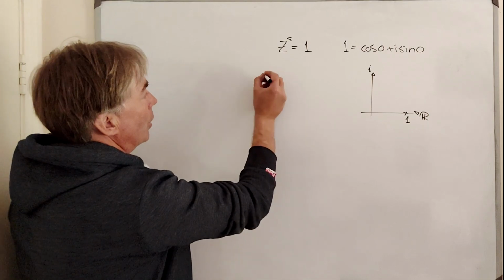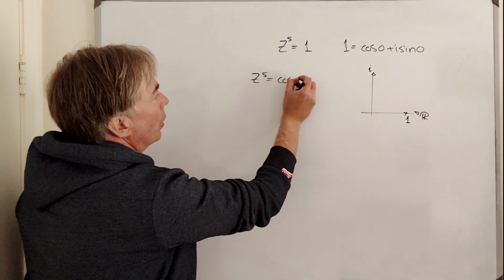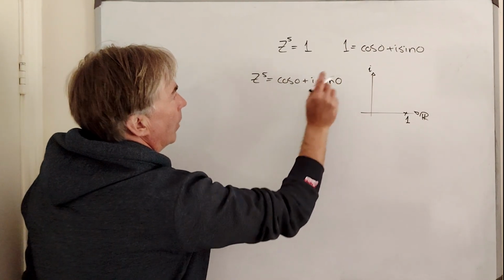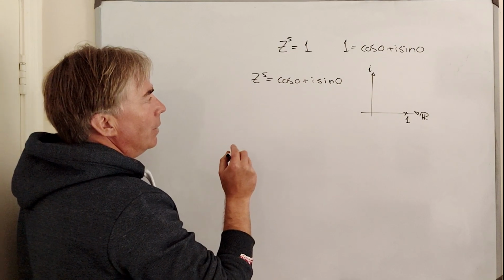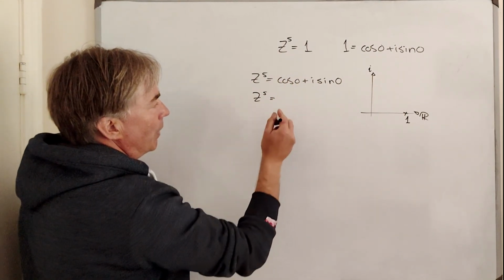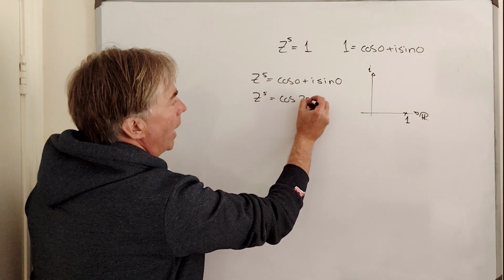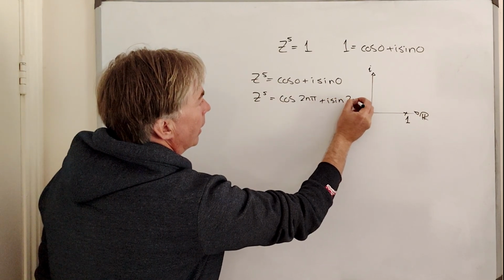So what I'm now going to do is write z to the 5 equals cos 0 plus i sin 0, as we have up here. And we can then write down, obviously we're not adding 0 to anything because it won't make a difference, 2nπ: cos 2nπ plus i sin 2nπ.